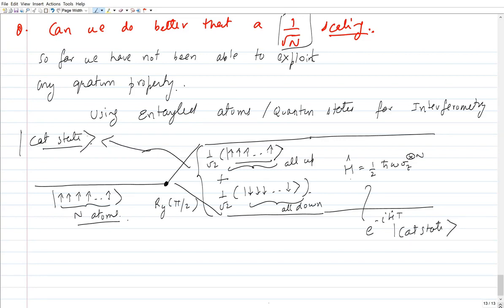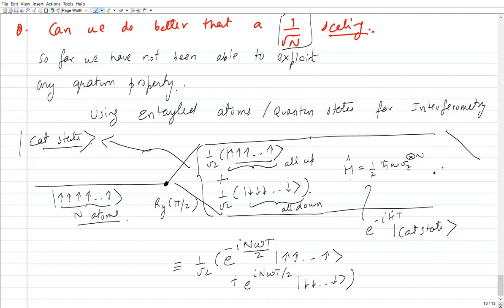This was my cat state. I get an equal superposition where the information I was supposed to have about omega is embedded as the phase of the state. So this is after I've hit it with the Hamiltonian over here.